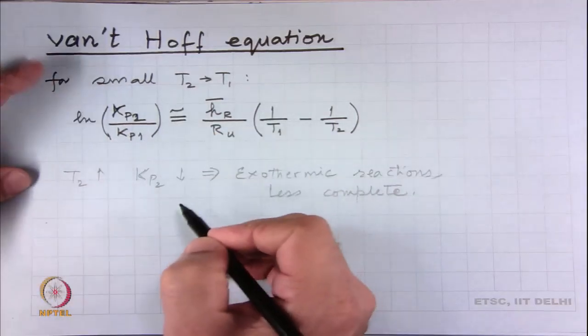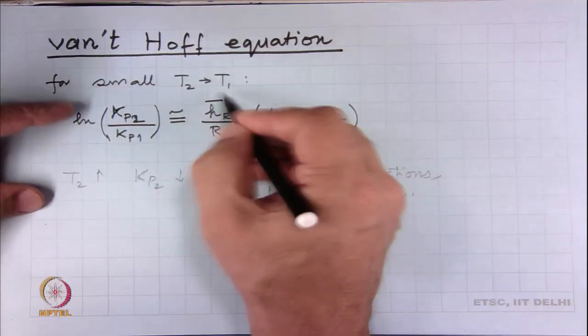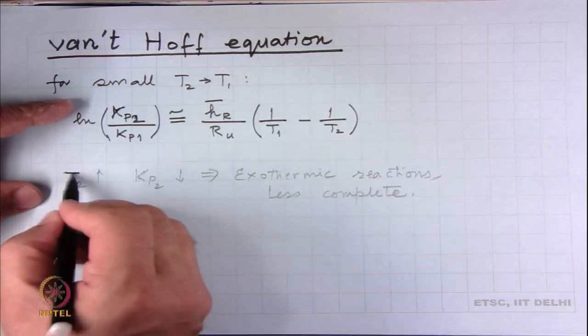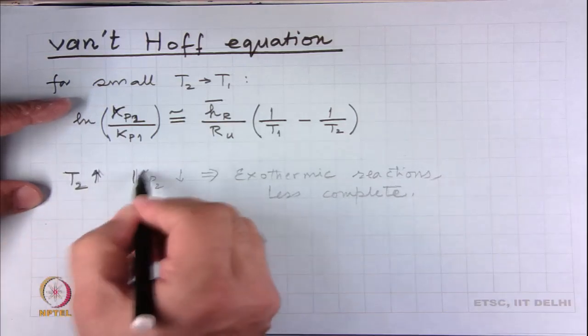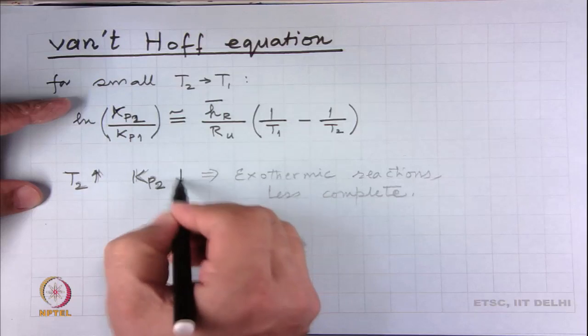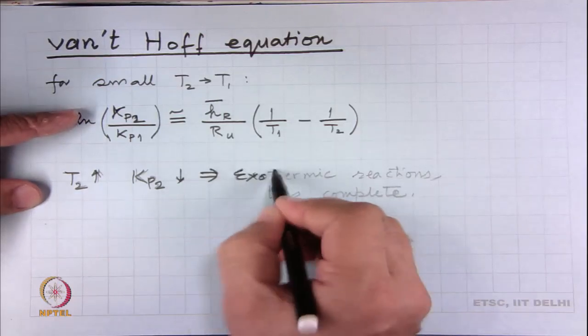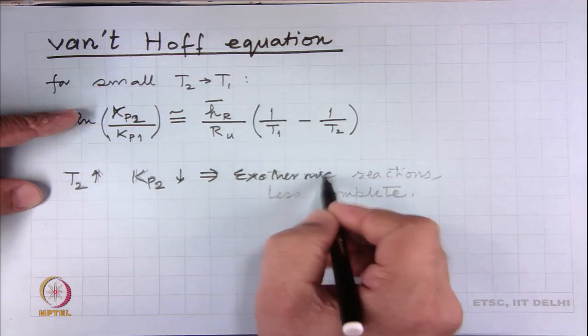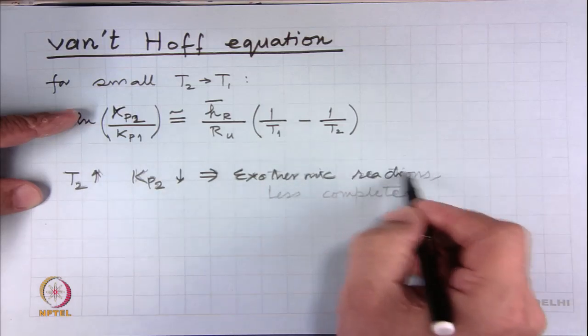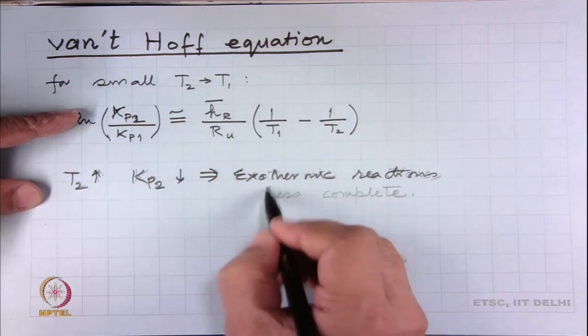So, we can get a very quick idea about the heat of reaction from this, and it tells you that as T2 increases, if Kp2 decreases, then we have exothermic reactions, and it will be less complete.